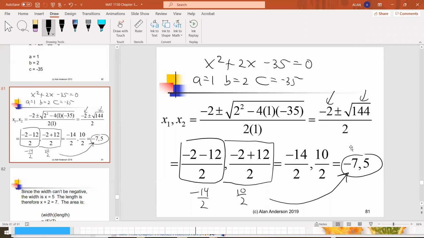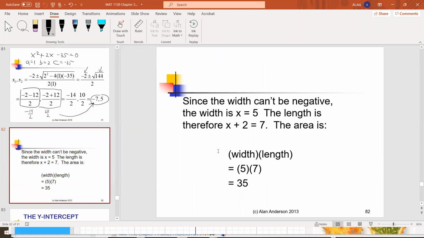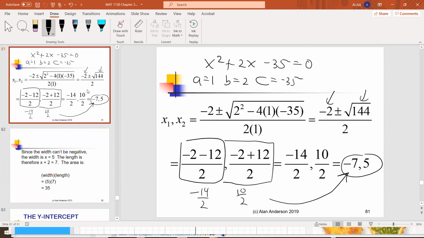Now, because of this application, we're looking for the dimensions of a table. And clearly, it's not possible for the width to be negative. Therefore, the correct solution is 5.